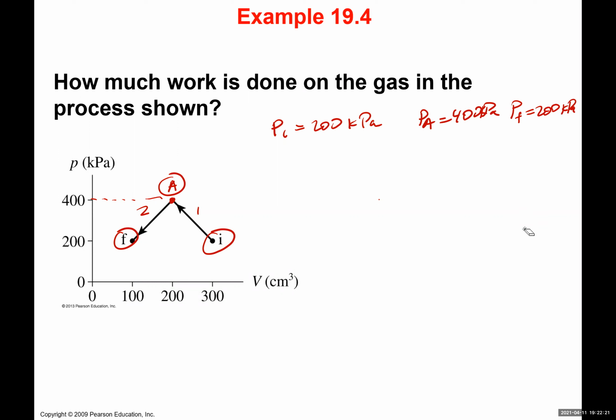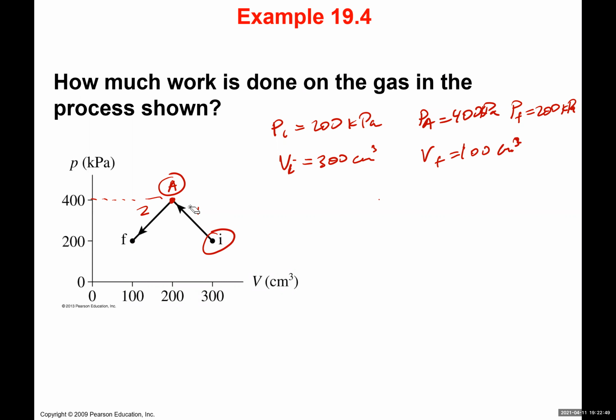The same goes for volume: V initial is 300 cubic centimeters, and V final is 100 cubic centimeters. Now, how do we find the work done?